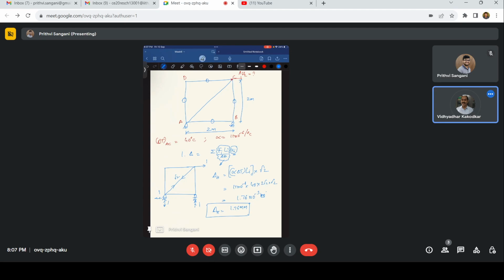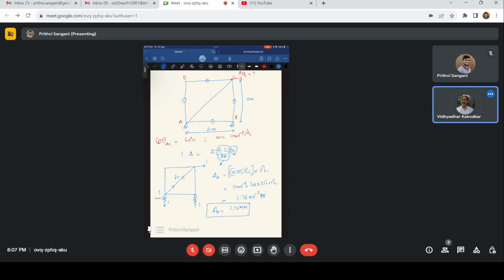Because of F, you have delta 1 and delta 2. And also because of R, you will have, let me call it, delta 1 dash and delta 2 dash.